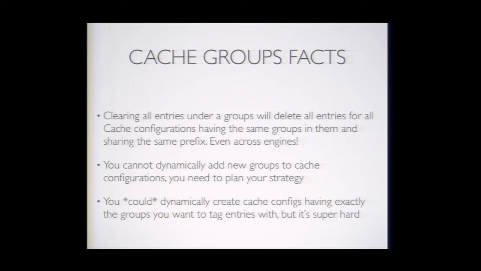So you cannot change your cache groups on the fly. You cannot say, oh, it's not anymore post, comments, and user, it's also, I don't know, products. You could do it, but it's super hard, and I would not recommend that. And of course, as I was telling my story, actually the cache entries are not deleted, they're just forgotten and will be at some point deleted by the automatic garbage collection.